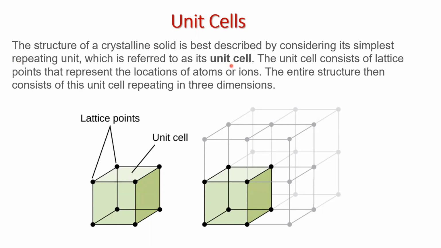The points of the unit cell are called our lattice points. If this is the crystalline solid we're looking at, this would be the repeating unit, or the unit cell, and it is made up of these points here, which we call lattice points.